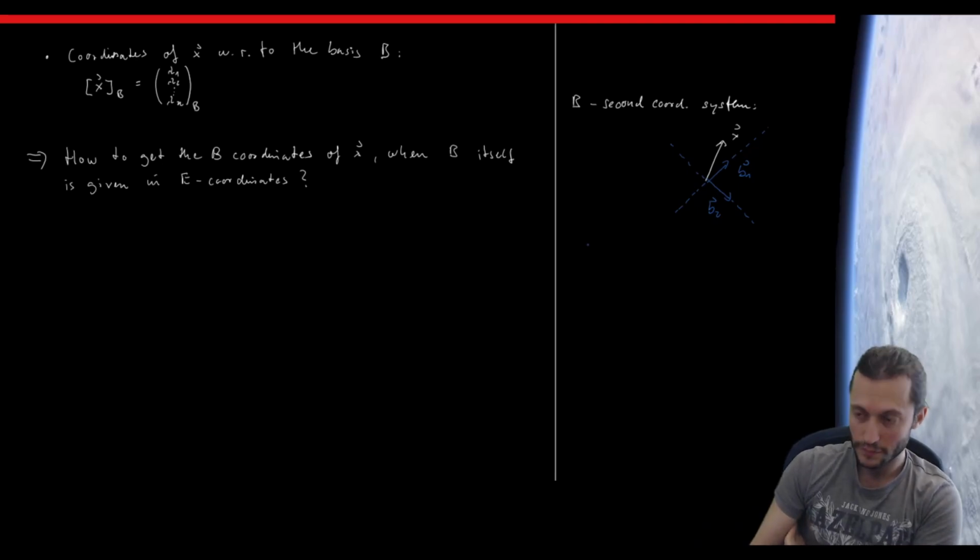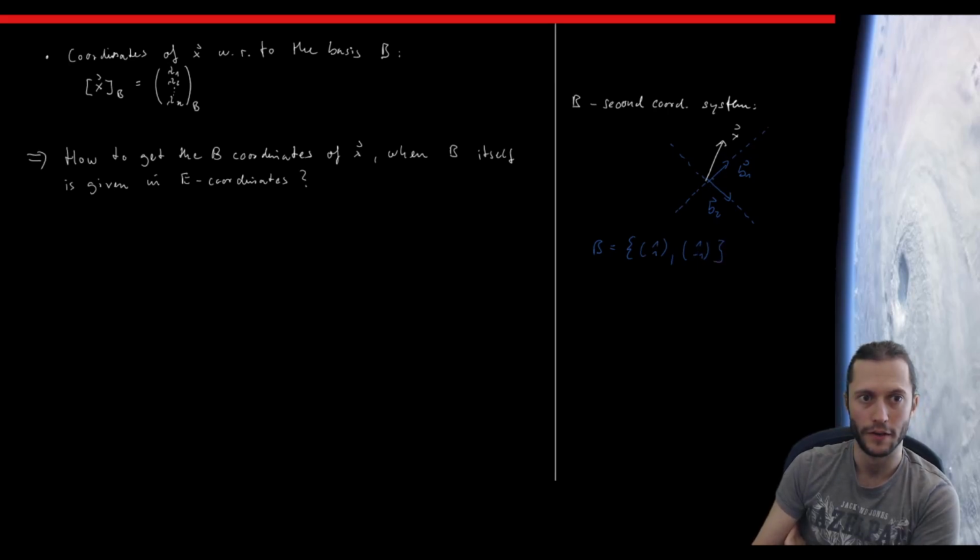And the new basis b, let me give it, for example, as the vectors 1, 1, and 1, minus 1. These are the vectors over here. And this is what I mean by the basis b being given in e coordinates. This is something we usually take for granted.